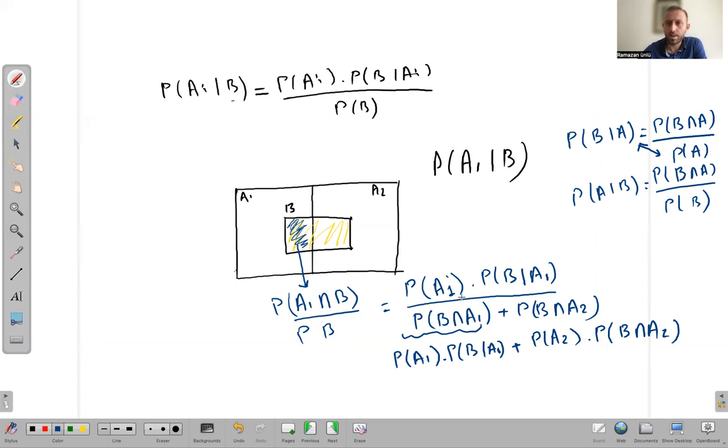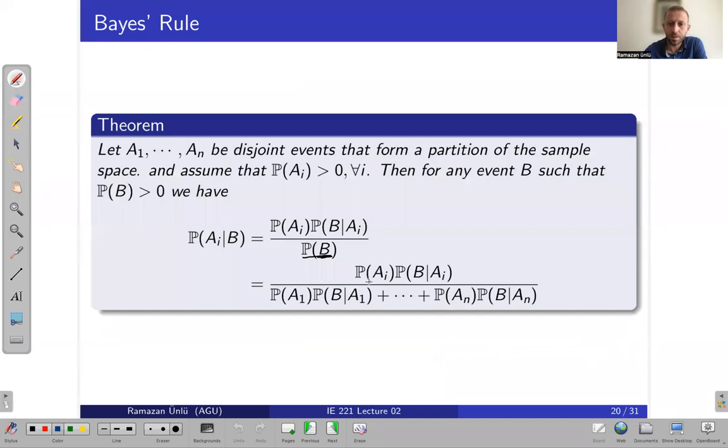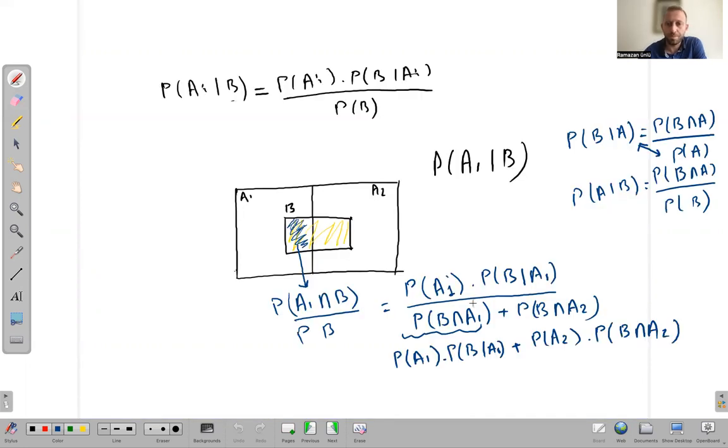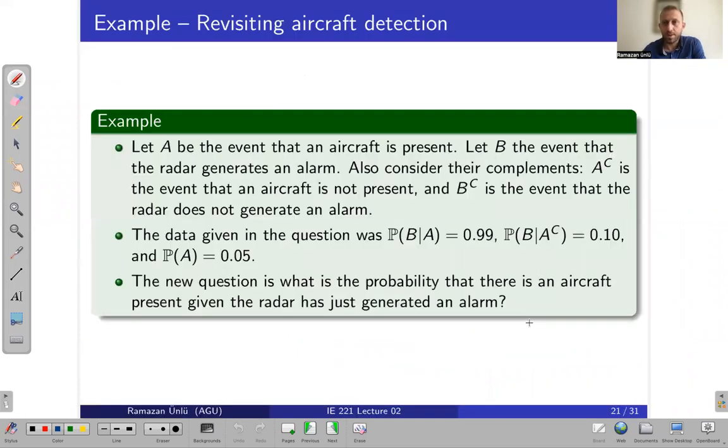This is exactly what the Bayes theorem is. Let's look at it here. It's the same thing. So we derived this formulation from the definition of conditional probability. I hope it's clear, but let's look at an example, and we will revisit the aircraft detection problem.